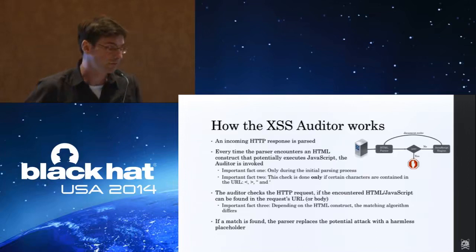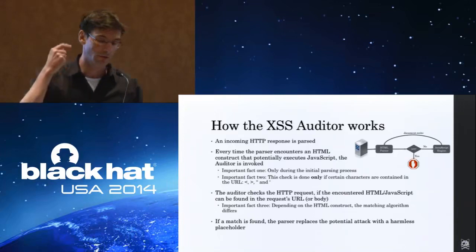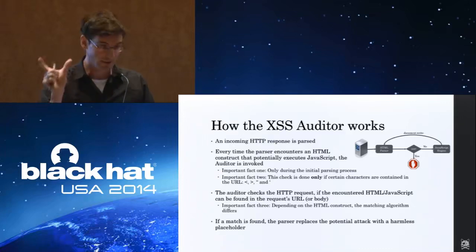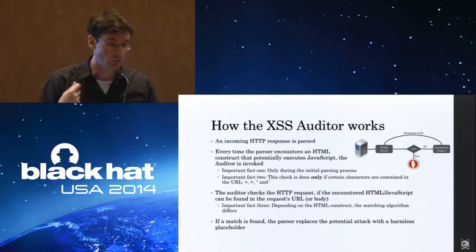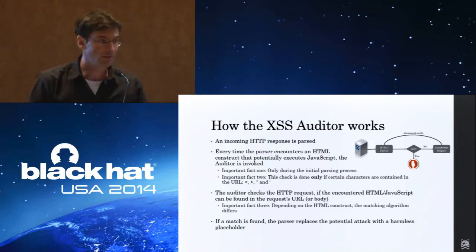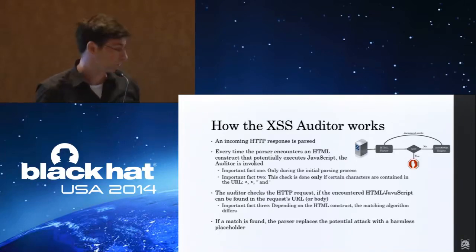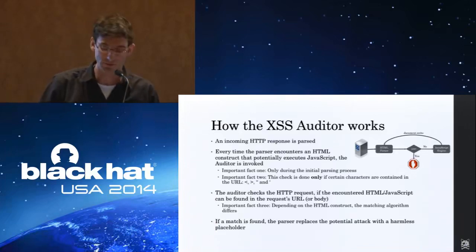So if we found a JavaScript, the invocation criteria have been met, and we found a matching part of the URL, for example, that contains this JavaScript, the auditor concludes, okay, this is an active, successful cross-site scripting exploit, and therefore the JavaScript is removed during the parsing. So the JavaScript parser itself never sees the injected JavaScript, which worked because, as you saw, Ben's initial exploit didn't go through. So it's capable too.